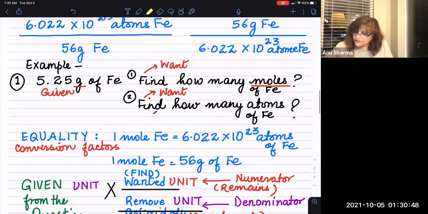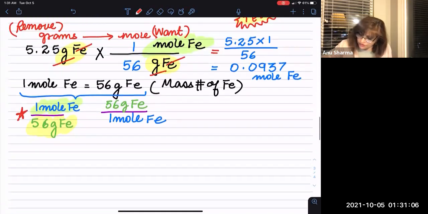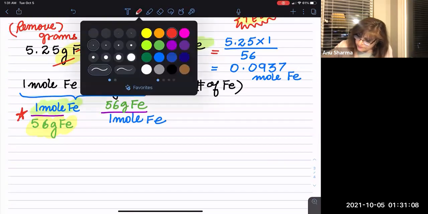Now, anytime there is a question like how many atoms, that means we are talking about Avogadro's number. So let's do this. How many atoms are present in 5.25 grams of iron? This was the first one.